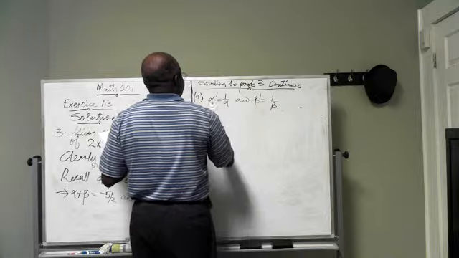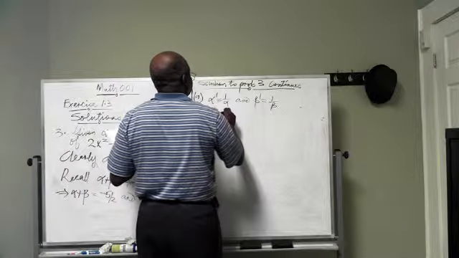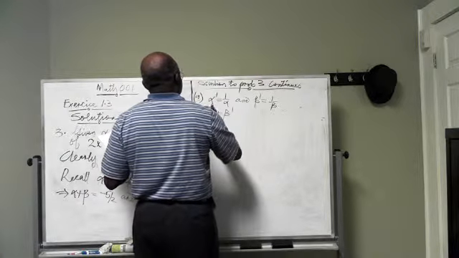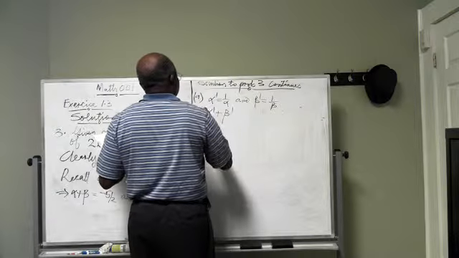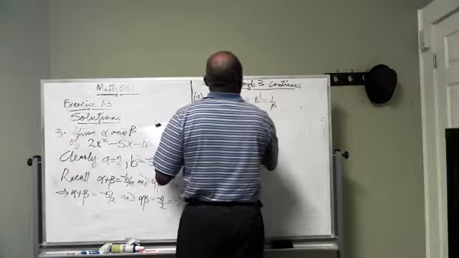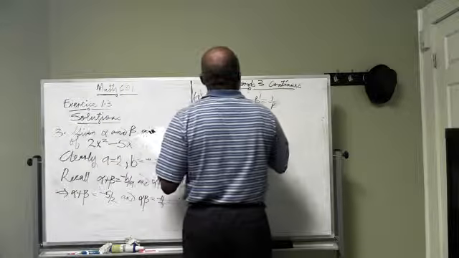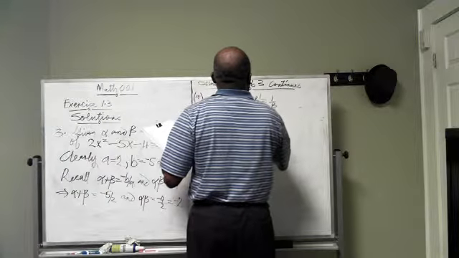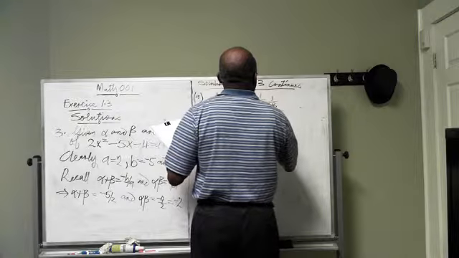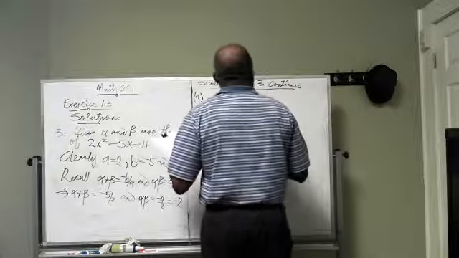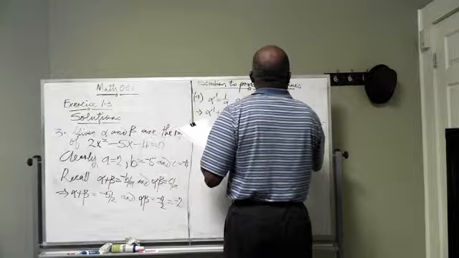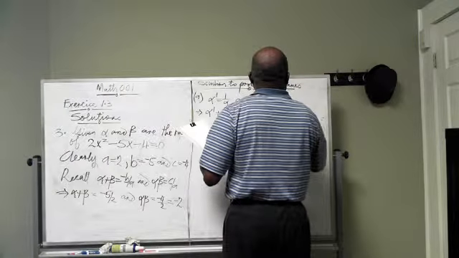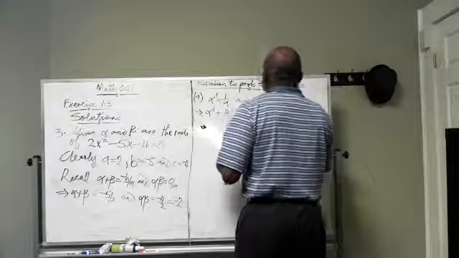This implies alpha prime plus beta prime equals 1 over alpha plus 1 over beta, which is equal to alpha plus beta all over alpha beta.